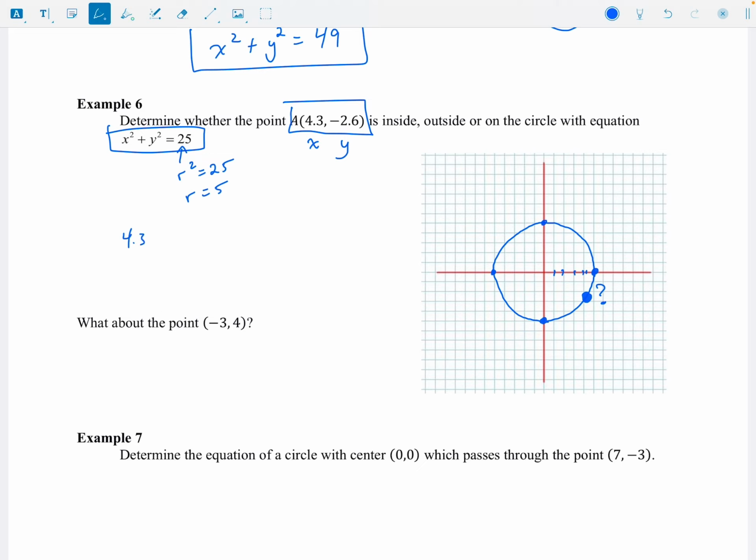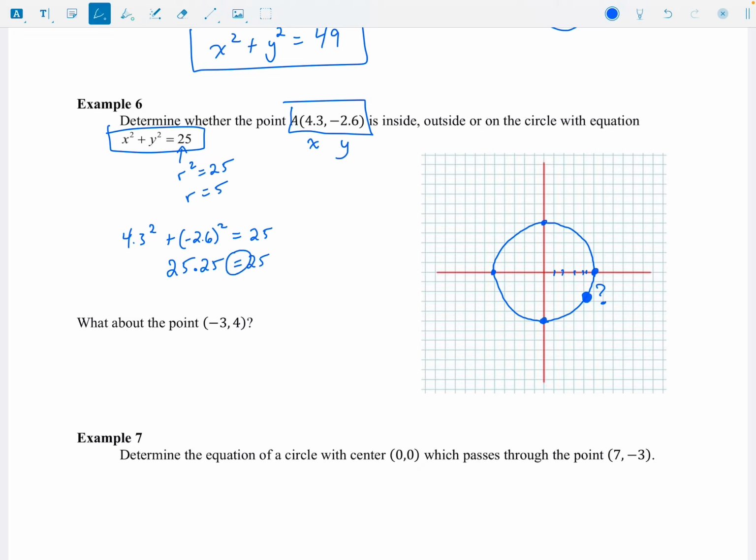So we go 4.3 squared plus negative 2.6 squared equals 25. All right, so if we do 4.3 squared, plus, and then put in brackets, negative 2.6 squared, we get 25.25 equals 25. Well, okay, those aren't equal, are they?